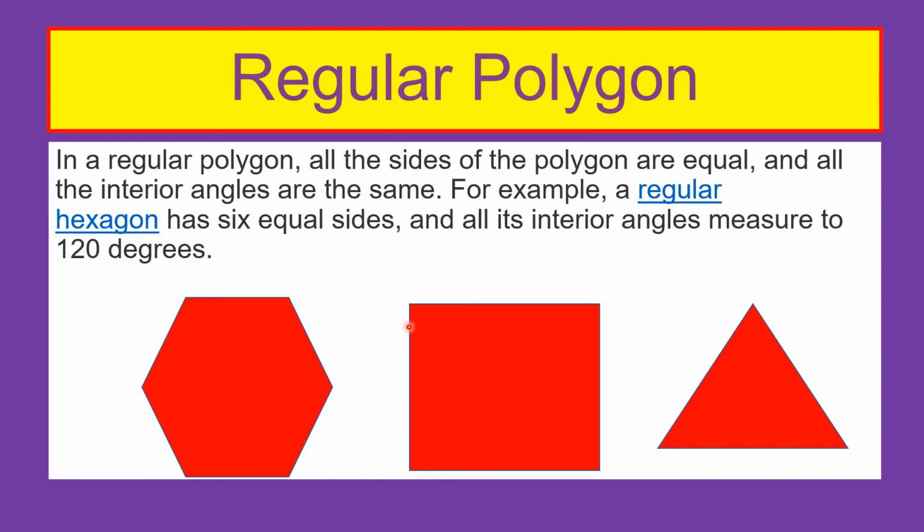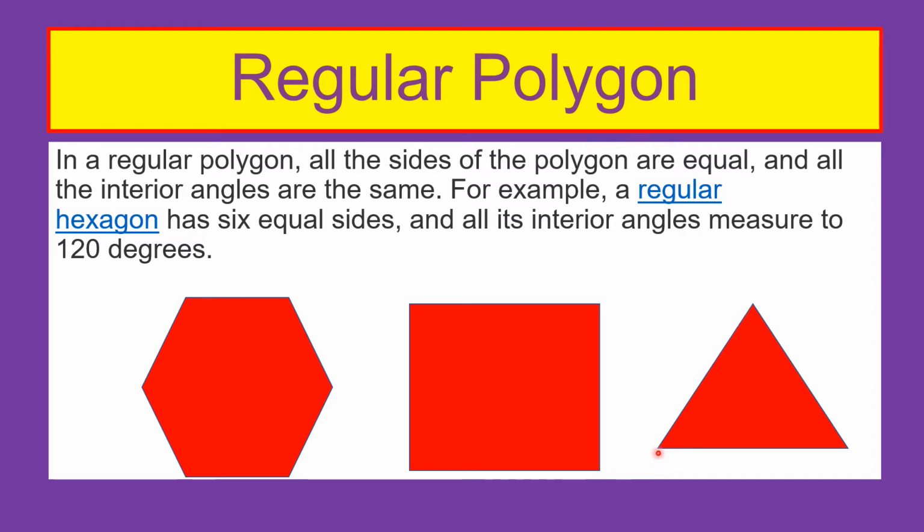This is a square. All the sides are the same and all the interior angles have a measure of 90 degrees. This is an equilateral triangle, and this equilateral triangle is also an equiangular triangle.